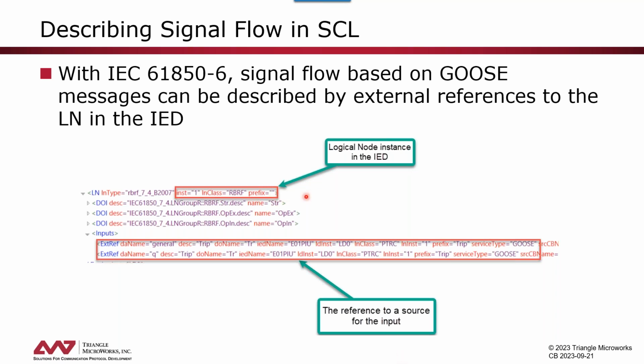So basically, we have here a logical node, the breaker failure, that is realized in an IED. And what we see here is the input to this logical node documented through an XRef that points to the signal, which is the trip signal from a logical node PTRC that is used as an input to this breaker failure function.